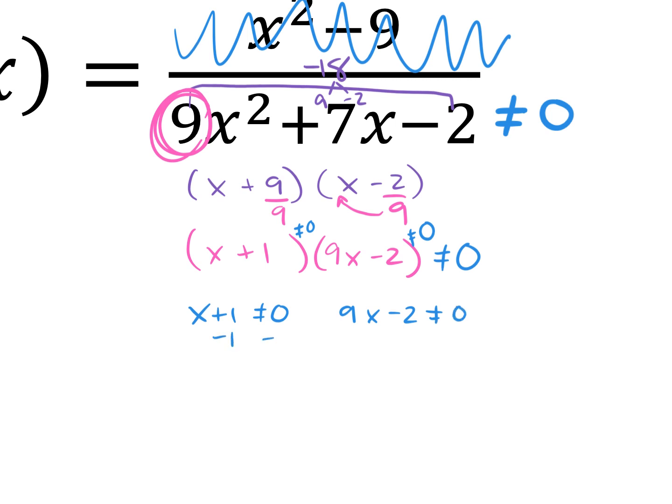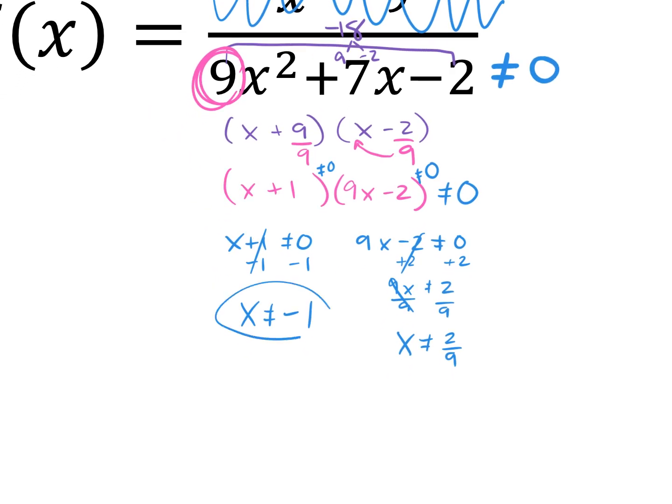I'm going to subtract 1 on both sides for the first equation, so x cannot equal negative 1. For the second one, I'm going to add 2. 9x does not equal 2, and divide by 9. So x does not equal 2 over 9. So these are our two values, but we have to write our answer in interval notation.